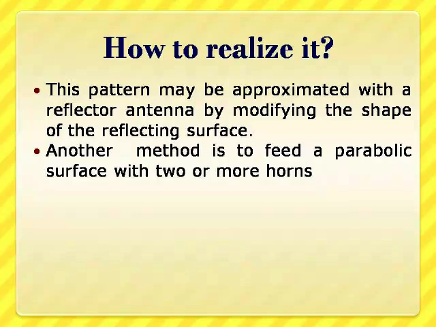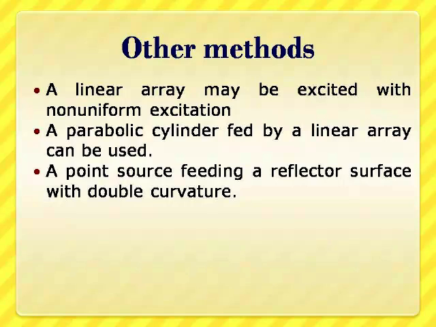This pattern may be approximated with a reflector antenna by modifying the shape of the reflecting surface. Another method is to feed a parabolic surface with 2 or more horns. A linear array may be excited with a non-uniform excitation. A parabolic cylinder fed by a linear array can be used.